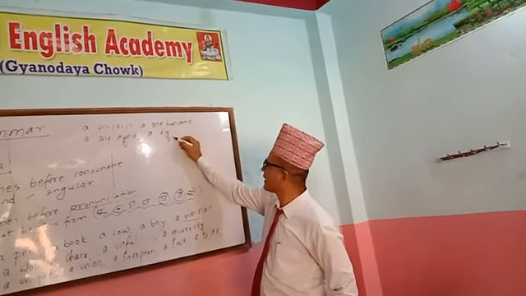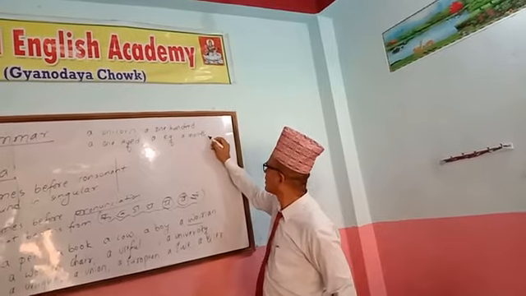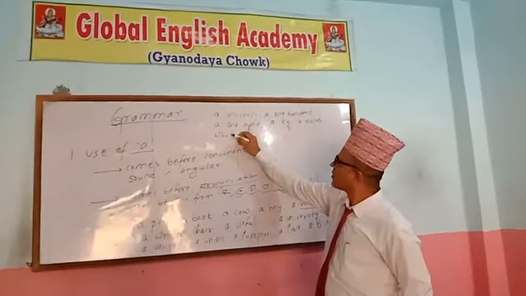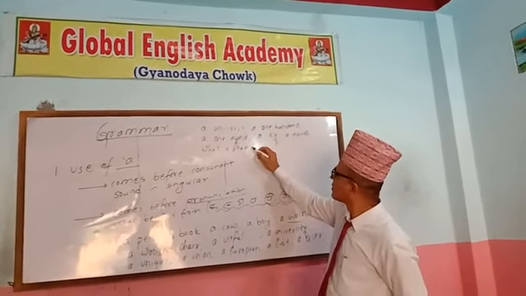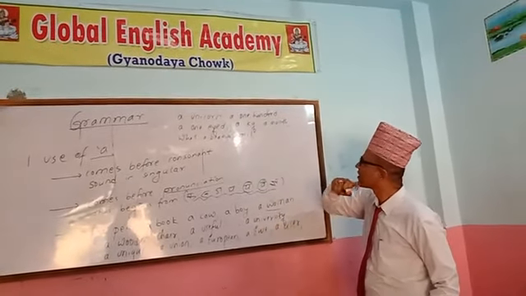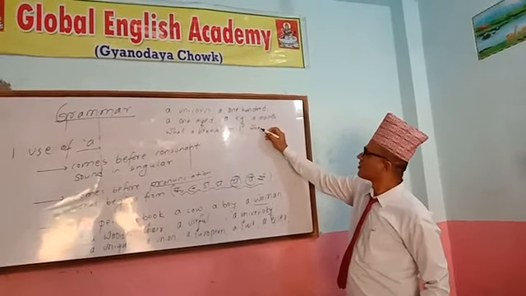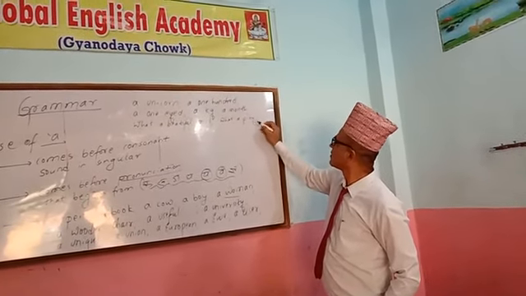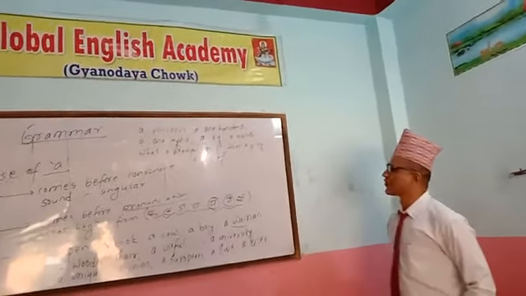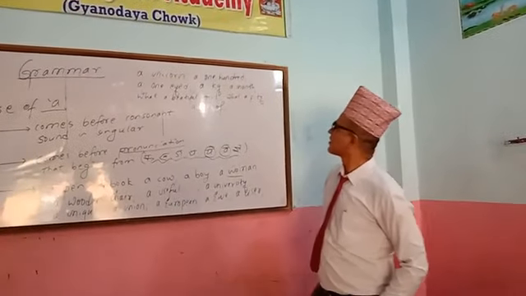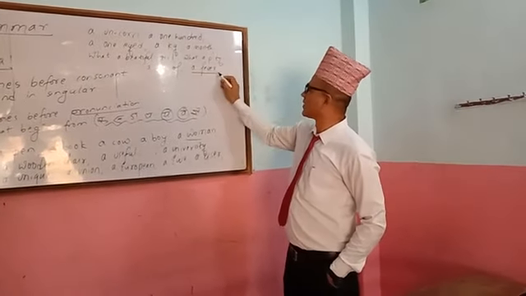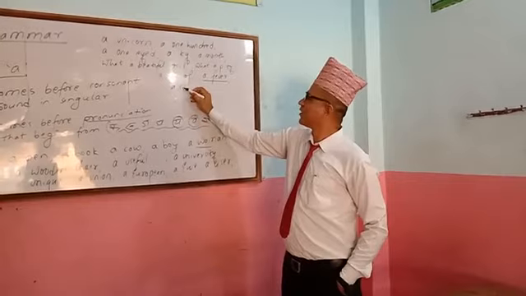It can also come before a kg, a month, once a month. What a beautiful girl, like this in exclamation sentences. What a pity. A lot of, in case of these phrases as well, we use a. And sometimes in case of a fever, this is the condition of the disease, or a cold.